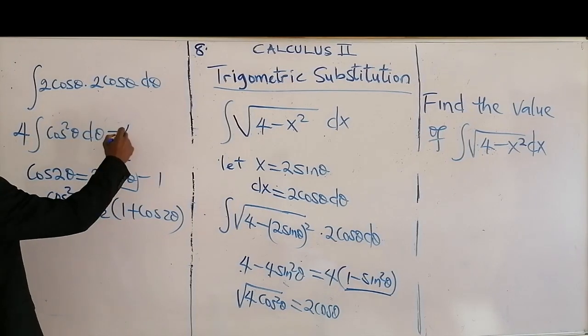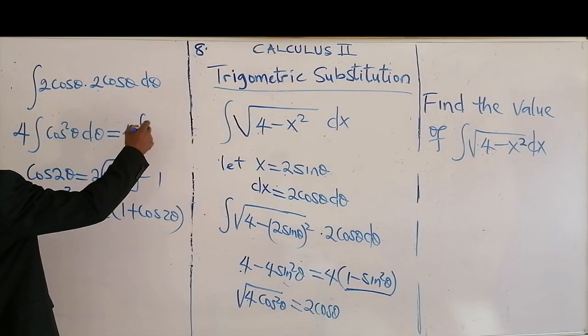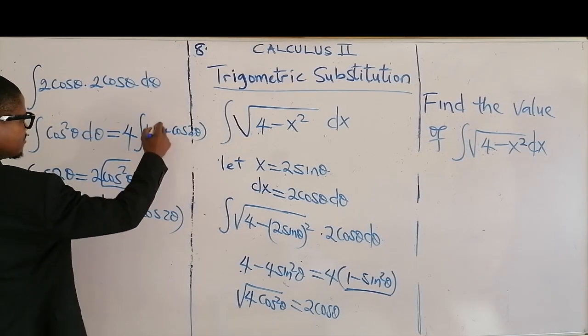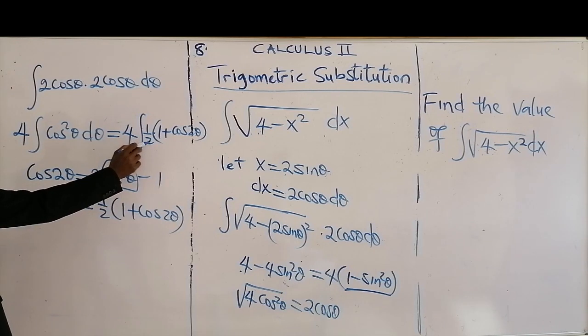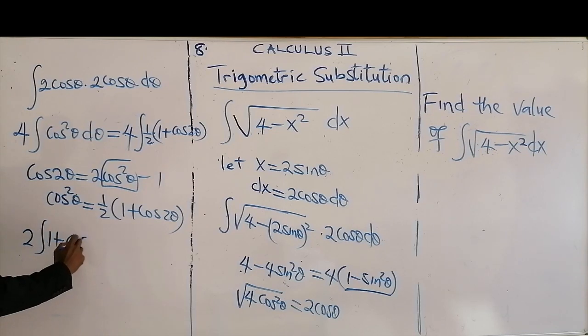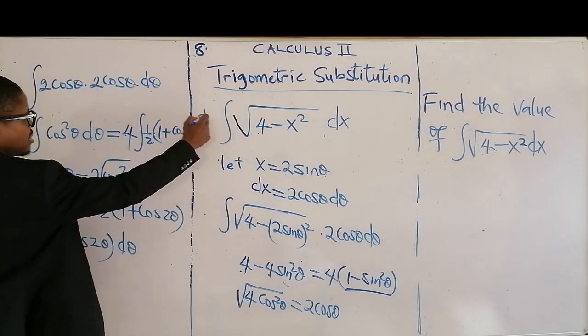Then this will be equal to 4 times the integral of half times 1 plus cos 2 theta. Then we can bring this half outside, and that will be 4 times half, that's 2, integral of 1 plus cos 2 theta d theta. Don't forget also the d theta here.